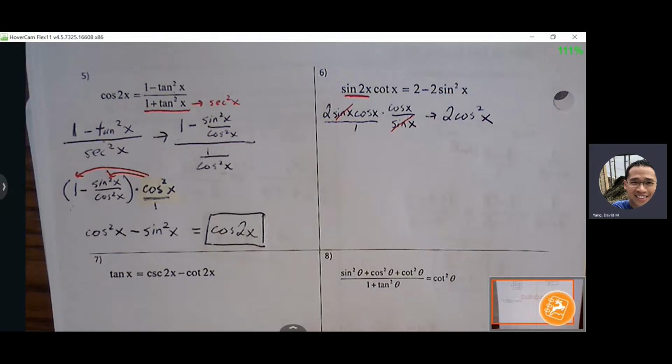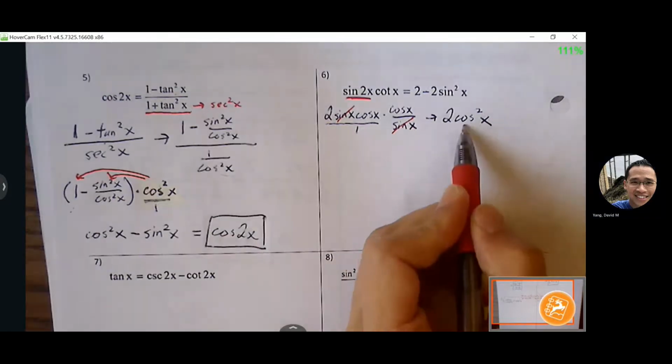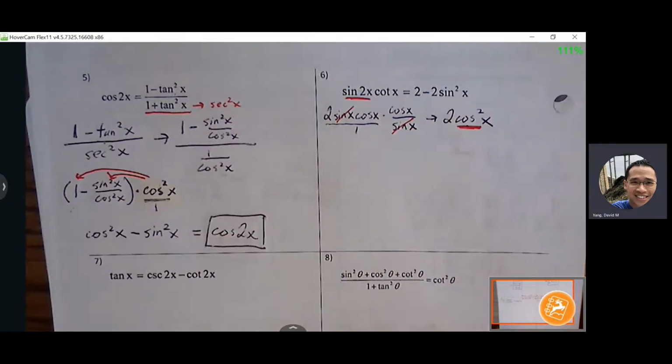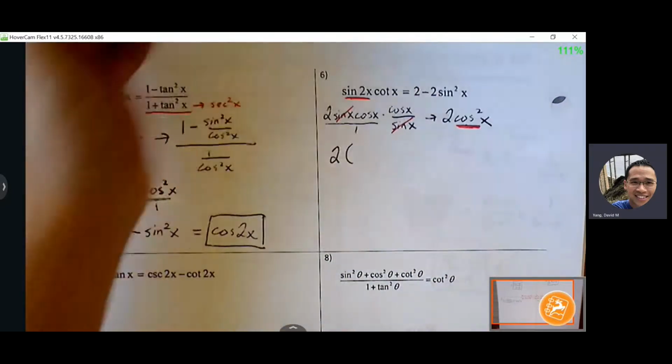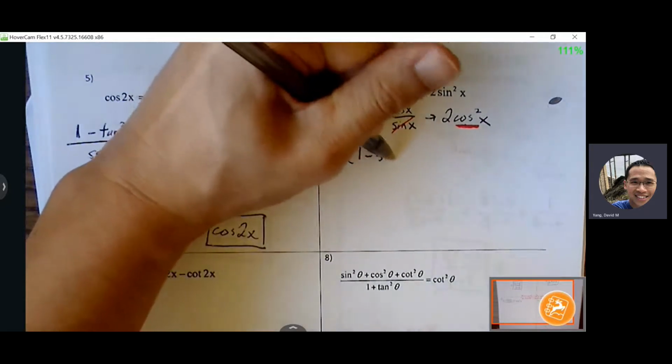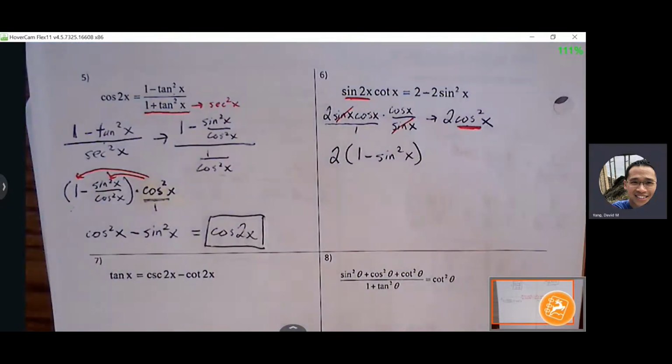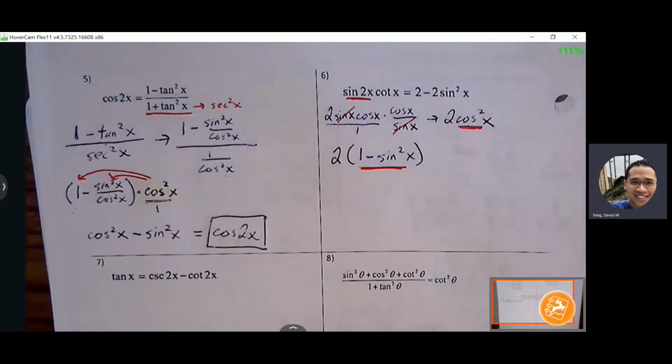Okay, are we any closer to the right side? All right, what can we do next? Yeah, we know how to go from cosine to sine, especially if they're squared. So go ahead and make that adjustment. Cosine squared is the same thing as 1 minus sine squared, right? And now what can we do to make it match the right side? Distribute, yeah.